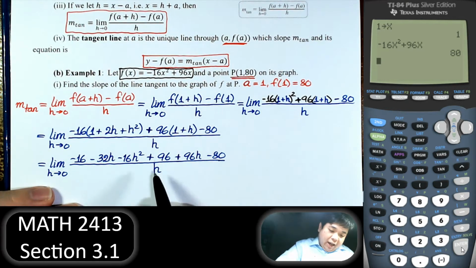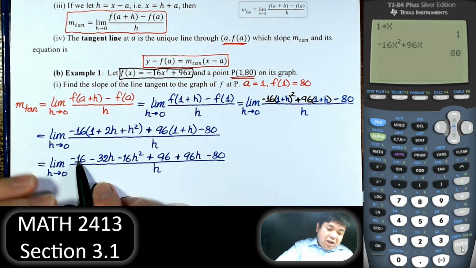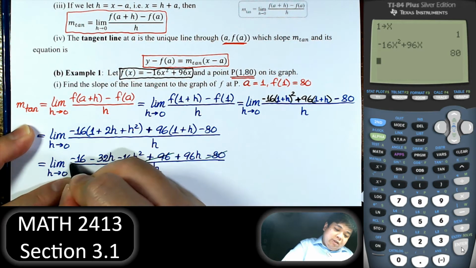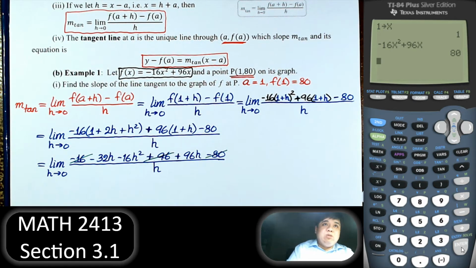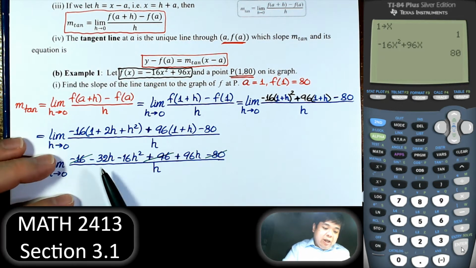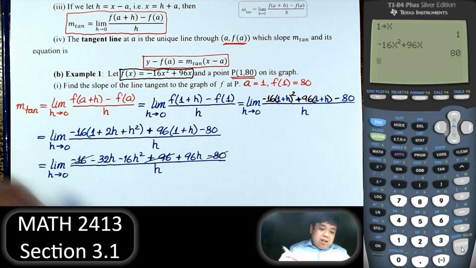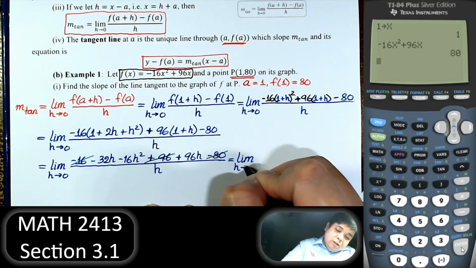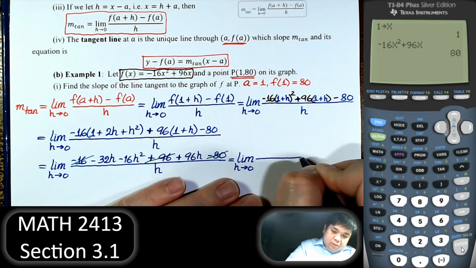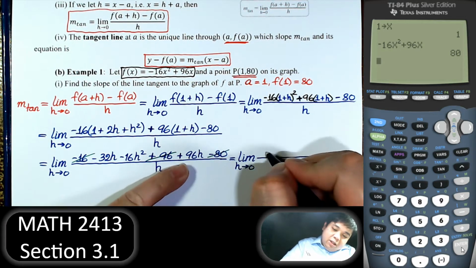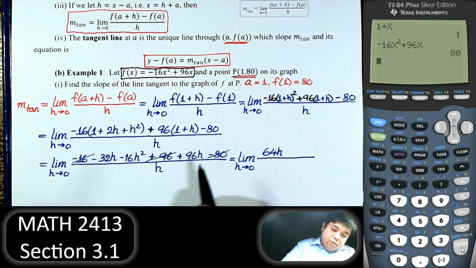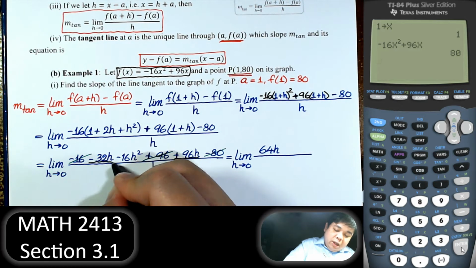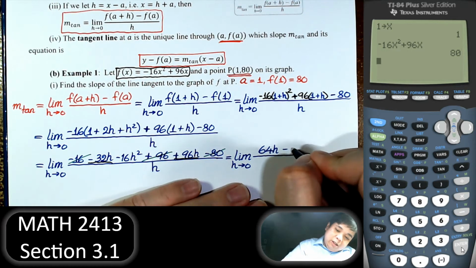Right, now the numbers: negative 16 minus 80 plus 96 add up to 0. And negative 32h and 96h, that is 64h, and minus 16h squared.